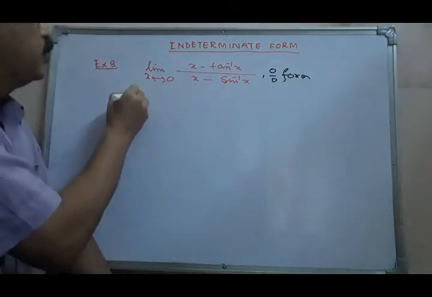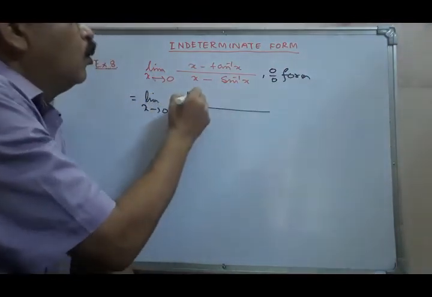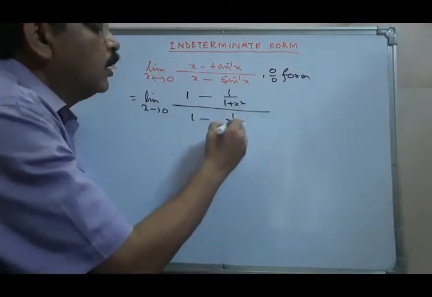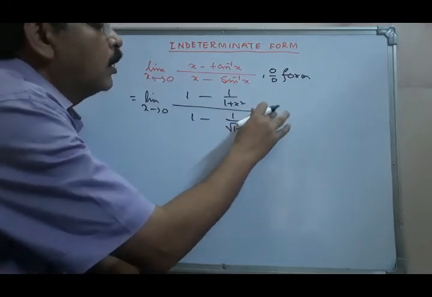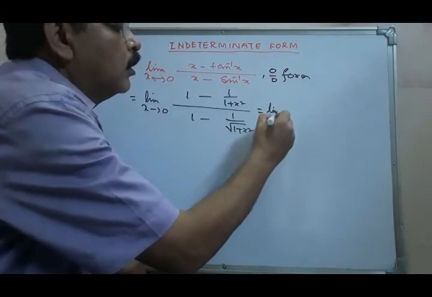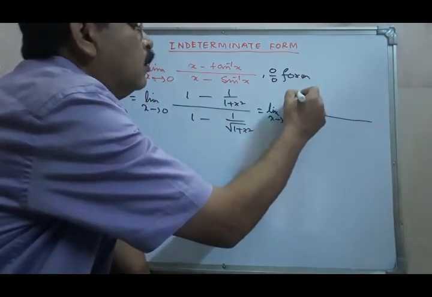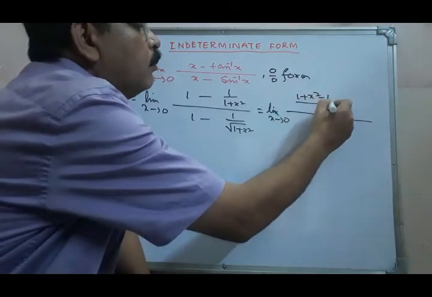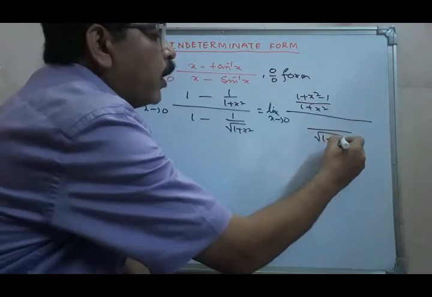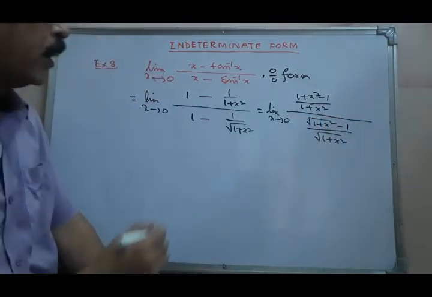So applying L'Hospital rule, limit x tending to 0, 1 minus 1 by 1 plus x square, over 1 minus 1 by root over 1 plus x square. So therefore limit x tending to 0, numerator coming 1 plus x square minus 1 by 1 plus x square, denominator coming root over 1 plus x square minus 1.